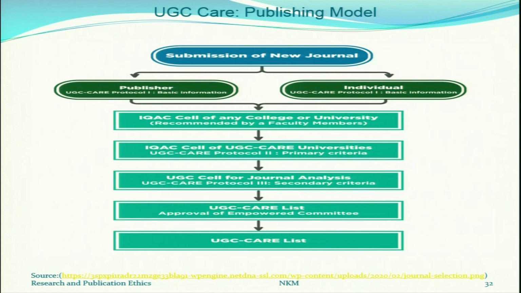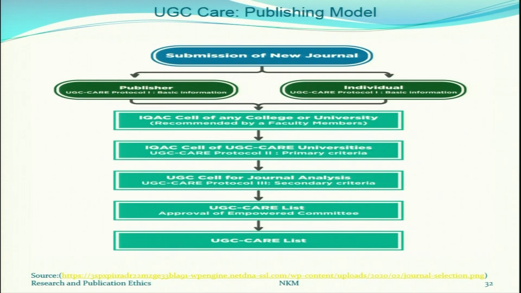First, the IQAC cell of any college or university, recommended by faculty members, can propose a journal. Then it goes to the IQAC cell of UGC universities. That's the protocol, the primary criteria. Then there's a UGC cell for journal analysis, the UGC Care protocol, that is the secondary criteria. Then it goes for approval of the empowered committee, and then the journal is included in the UGC Care List.